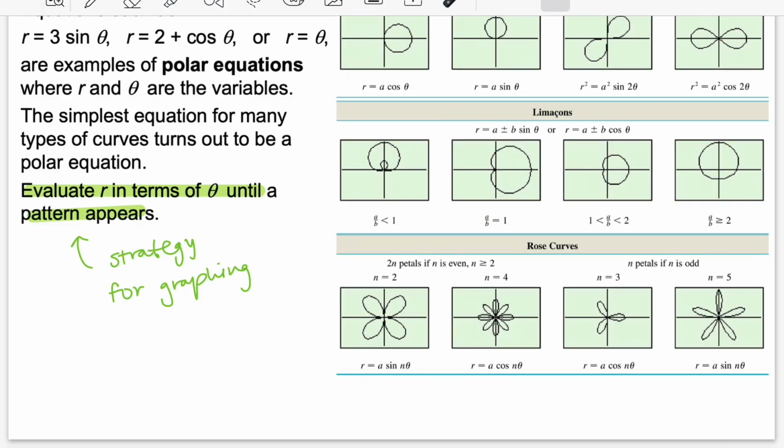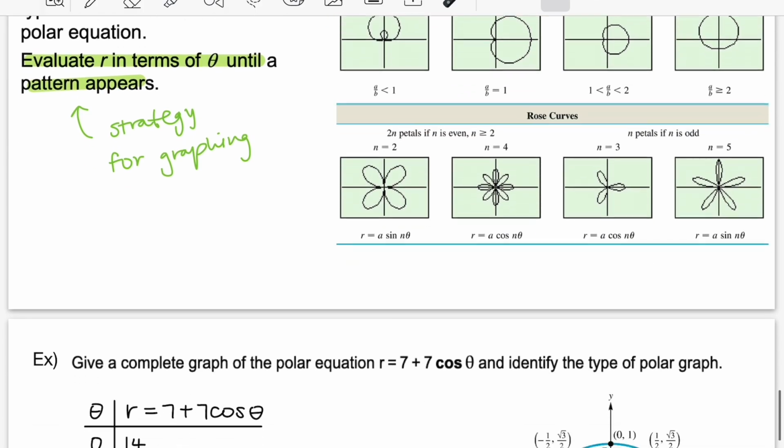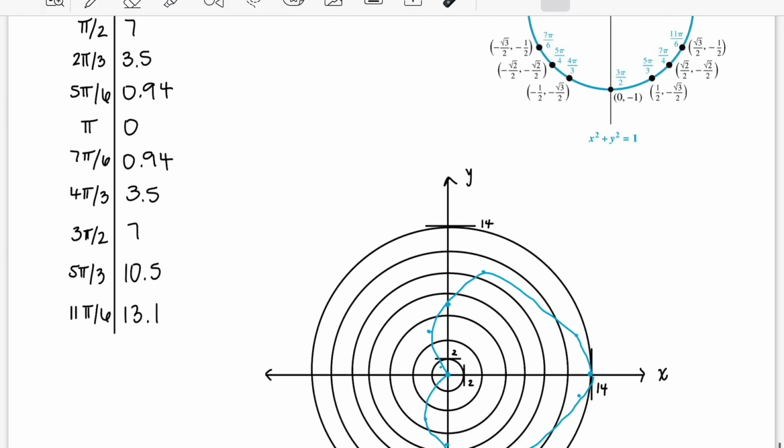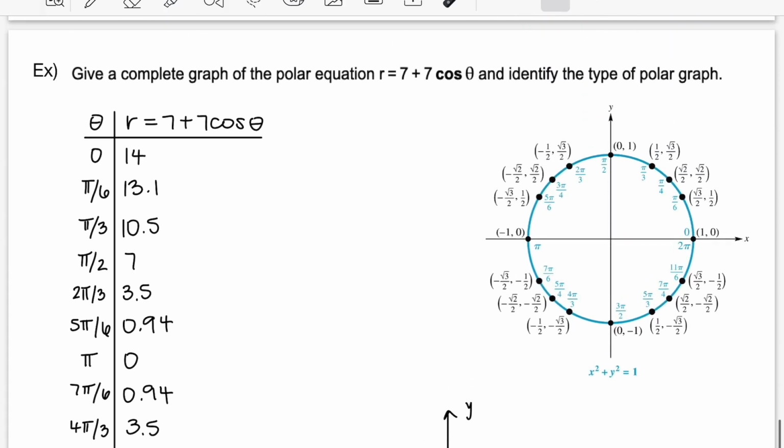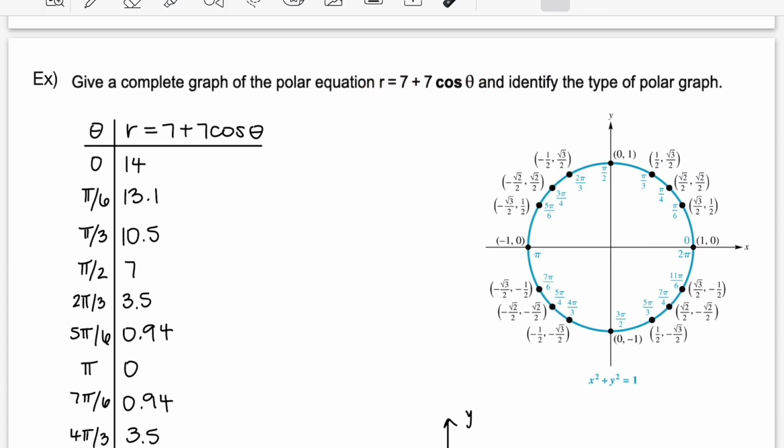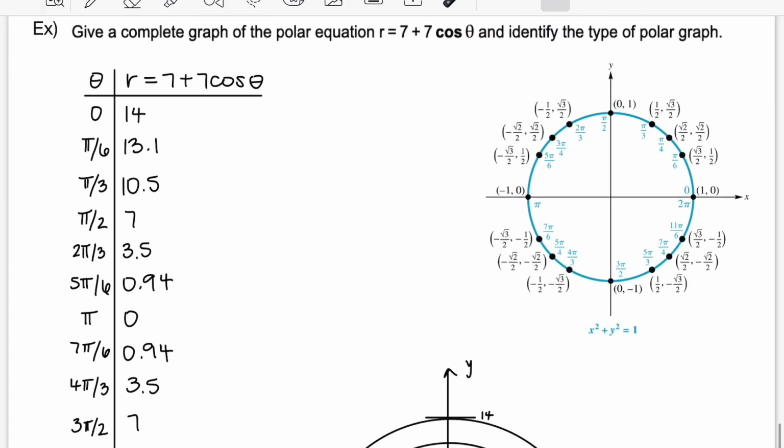Sorry for my pronunciation. But specifically, it'll be a cardioid. And then, like I said, the more details on these graphs and the naming conventions and whatnot are in the PowerPoint slides and in the book. But we do have this interesting shape here for this polar equation. All right, so that'll be it for this video.